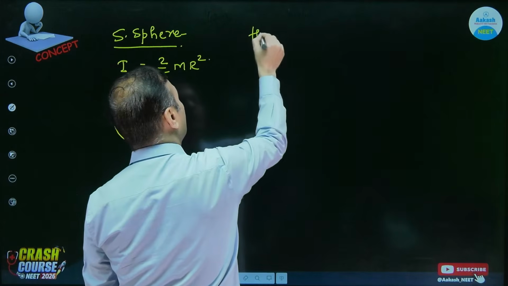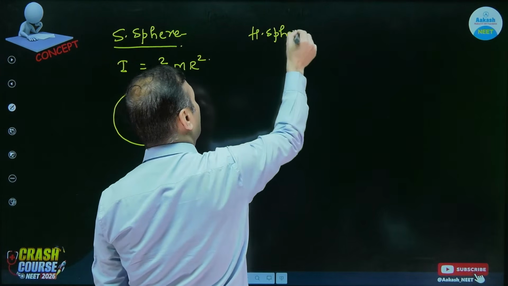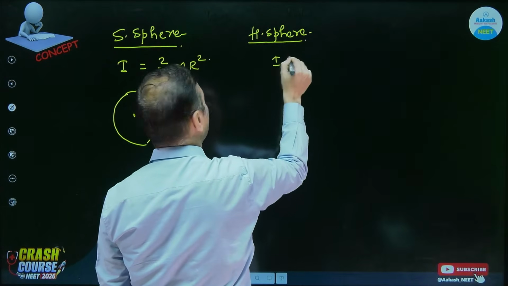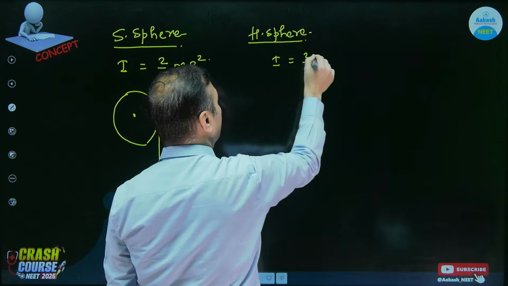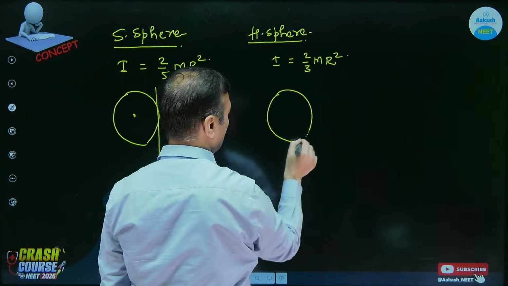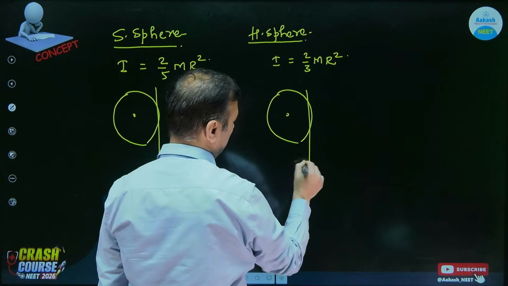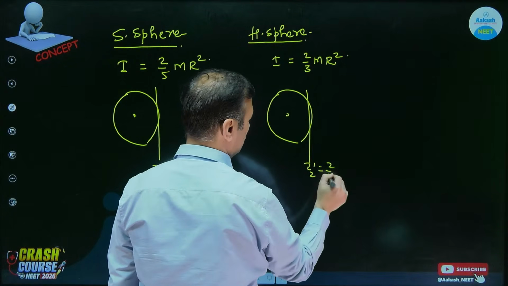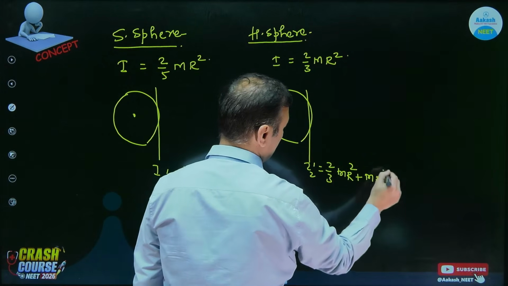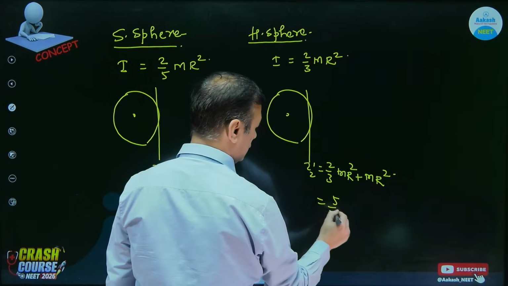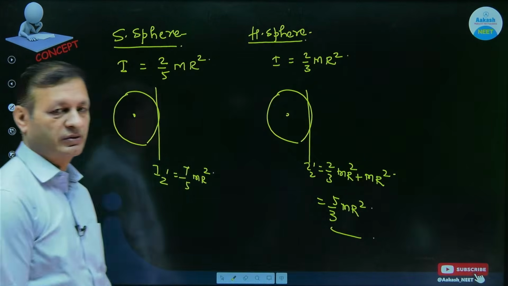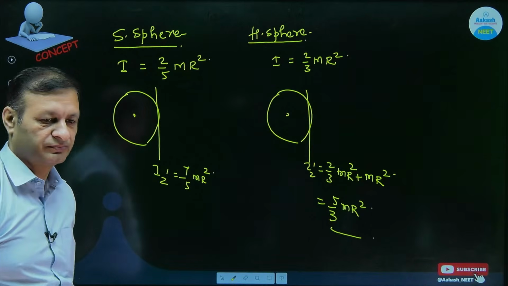If you have a hollow sphere, the moment of inertia for the hollow sphere is 2 by 3 mr square, and about this tangent axis is 2 by 3 mr square plus mr square, so that gives you 5 by 3 mr square. Got it or not?